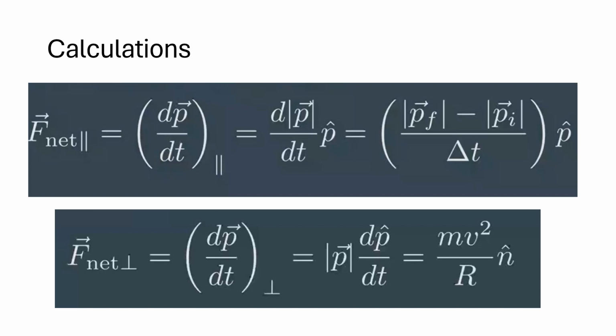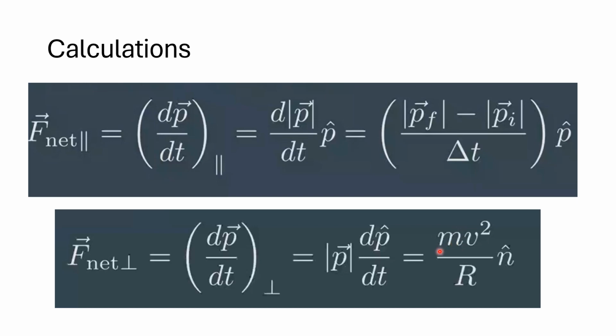So here are the equations I used to calculate the F net parallel and F net perpendicular. F net parallel, of course, we've been using. This is nothing new. F net perpendicular, though, is also equal to the force of tension plus mass times gravity times cosine theta, which is 7.595.